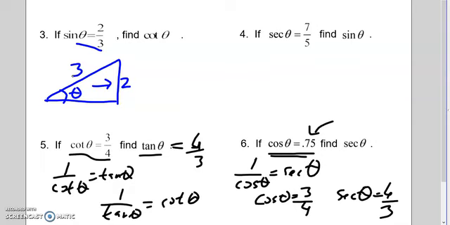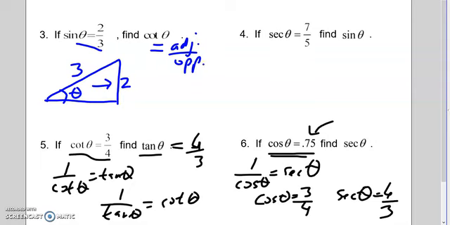And now to find cotangent, which is the reciprocal of tangent, I would need the adjacent and the opposite side. So this would be adjacent over opposite. Now I don't have adjacent right now, so I'm going to need to use the Pythagorean theorem.